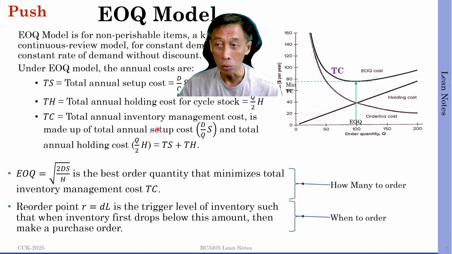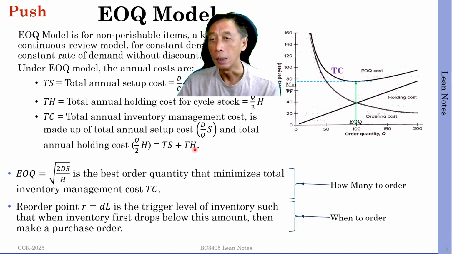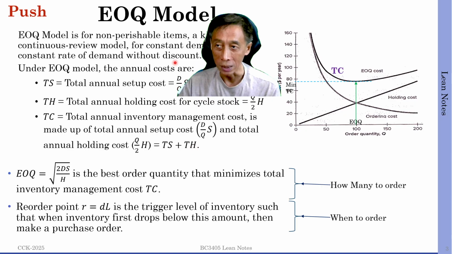Remember, all the total costs, they are paid to third parties. And it doesn't include the purchase cost. It includes the interest, right, paid for the amount of money that you borrow. If you borrow money to do this transaction, yes, it does, but it doesn't include the purchase cost because we're assuming no discount. You buy more or you buy less, there is no change in the unit price.